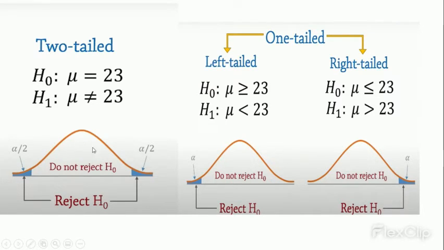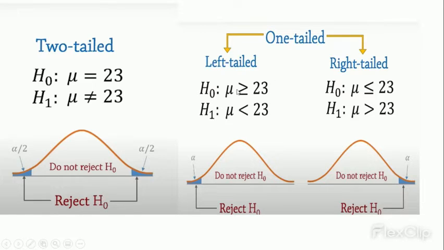In this region, we can't reject the null hypothesis, and this blue region we call the critical region. If we have an equal, then we have to divide the significance level over 2. If the test statistic occurs in the critical region, we will reject H naught.